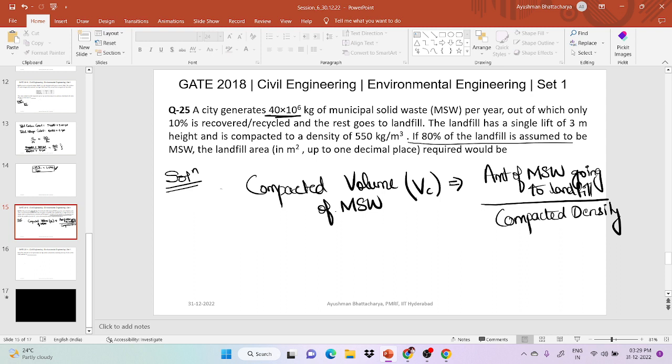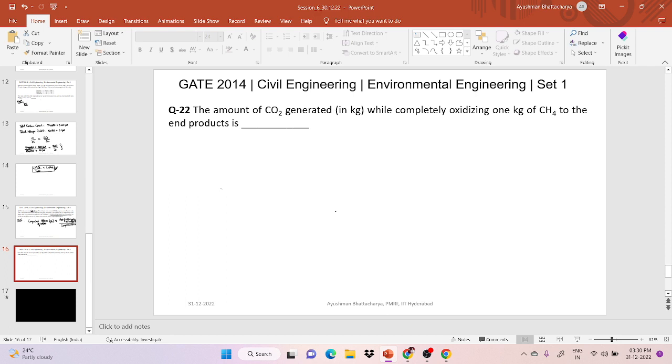I think some error is there in this question regarding this 40. Okay, we will solve the next question first, then we will look at what to do with that.